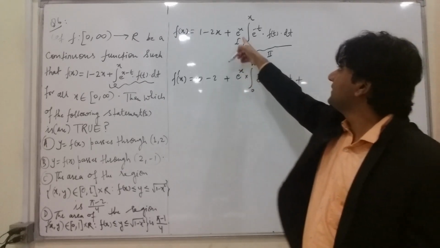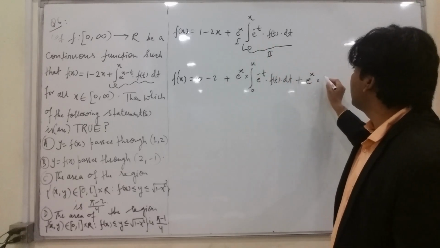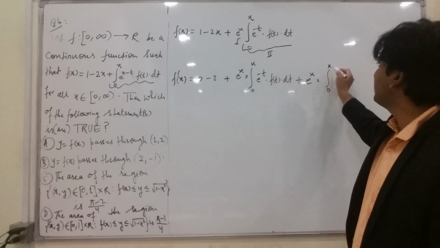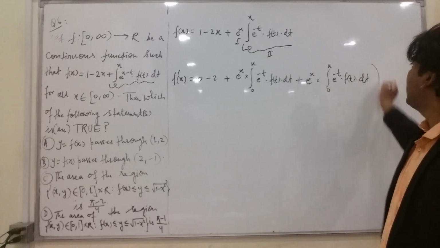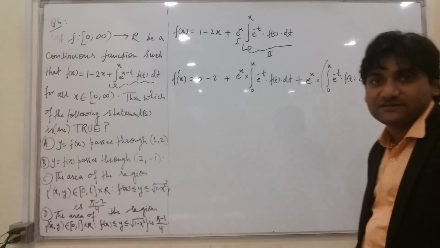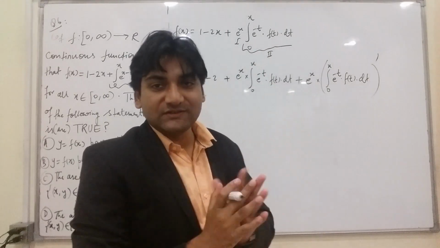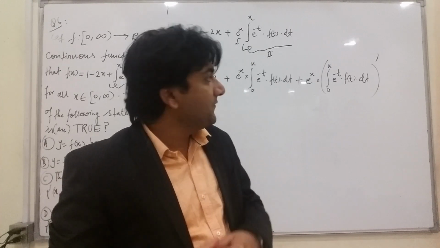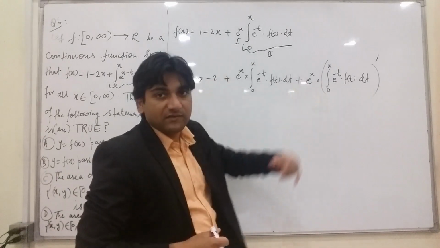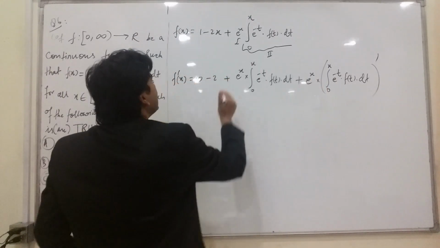Then plus e raised to x as it is, and then I have to take the derivative of 0 to x e raised to minus t f of t dt. Okay, now again over here we have to apply a very important concept of differentiation, called Newton-Leibniz rule. If you apply that, then we can find the derivative of that integral.